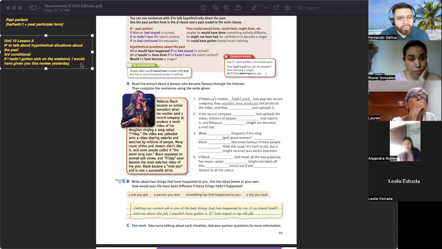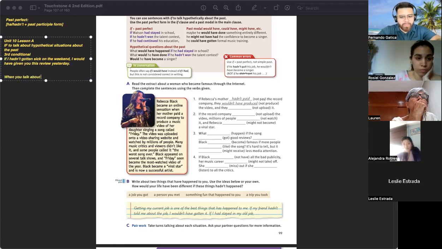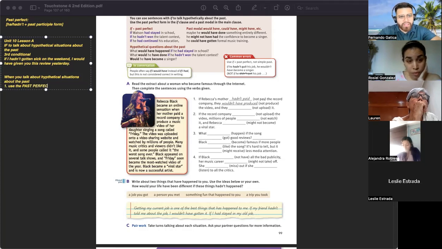So remember, when you talk about hypothetical situations in the past, use the past perfect after if. Okay, that's number one. When you talk about hypothetical situations about the past, number one, use the past perfect after if.